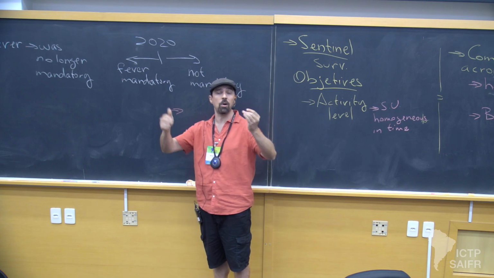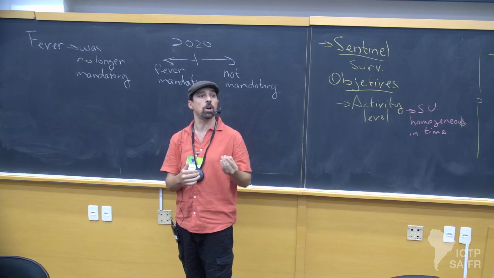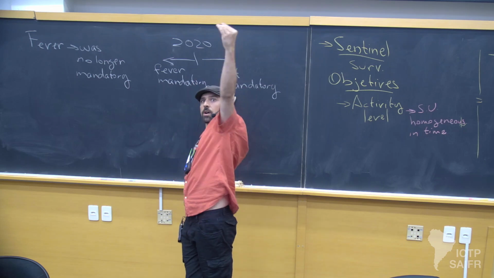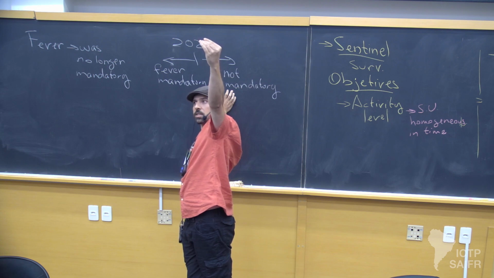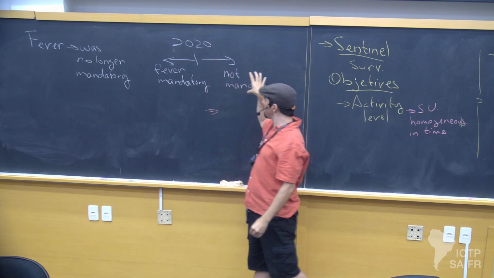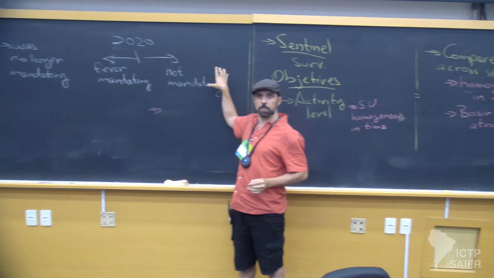Otherwise, the number of new cases can be completely thrown off just because the case definition changed. And then I have an increase in number of cases, not because the disease is more severe, but because my case definition is broader, okay?